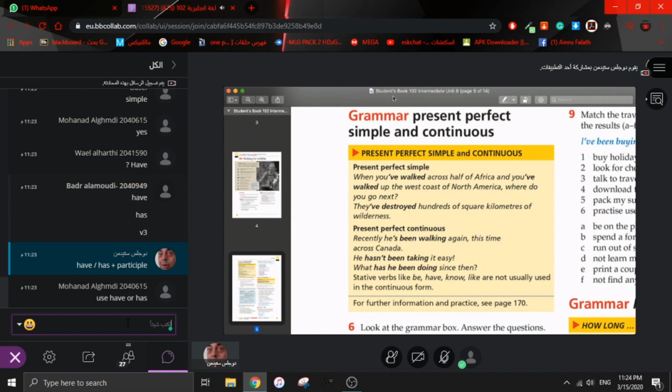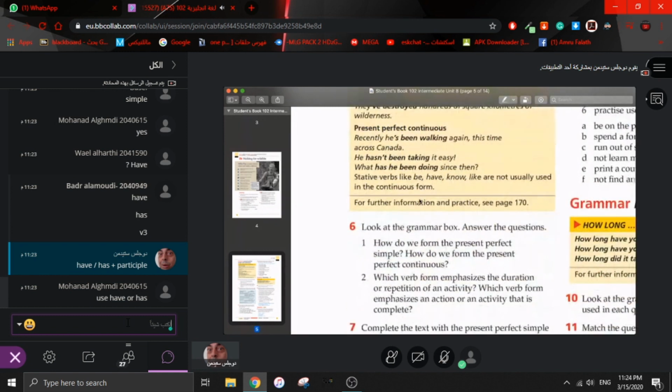So even in questions, we're using the perfect tense, the present perfect. Have you eaten today? Have you been staying home recently? These are all the present perfect simple. They have destroyed hundreds of square kilometers of wilderness.